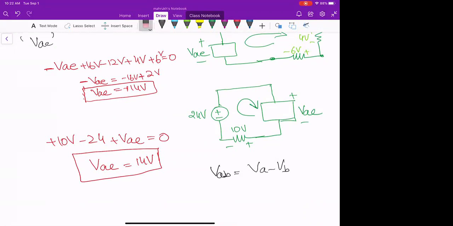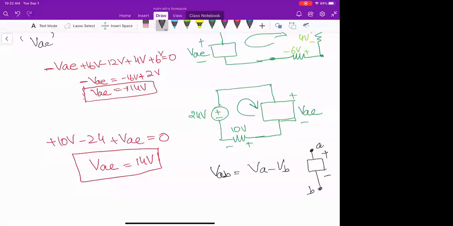For that, we don't know whether VA is at higher potential or VB is at higher potential. We just go by the name. So we define it like this, VA minus VB. If someone is asking, find VAB, you don't know what's in the box, but you just give the sign, okay? So you will put VA, if this is your A and this is your B, you will put this sign.